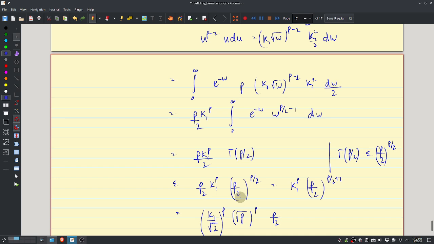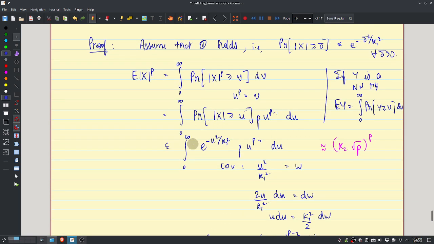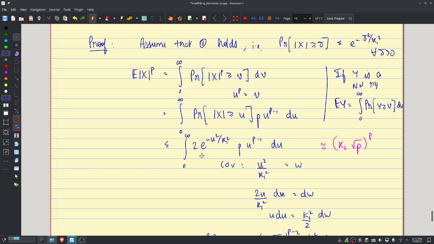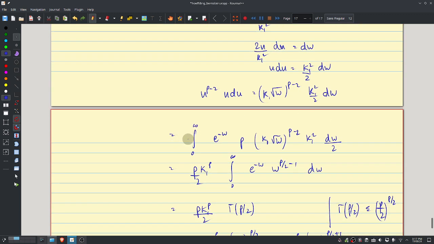Which part? Ah, okay. That's correct. So there should be another 2 over here. So there should be a 2. These 2's cancel out.